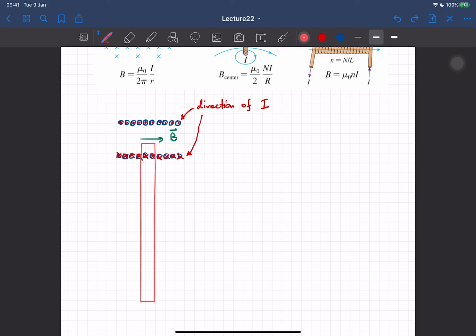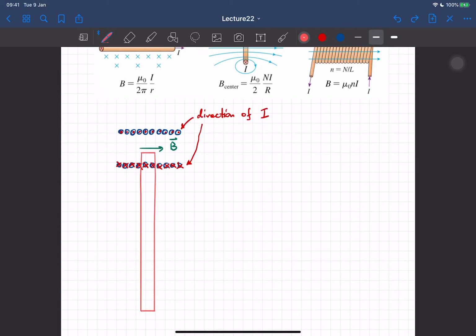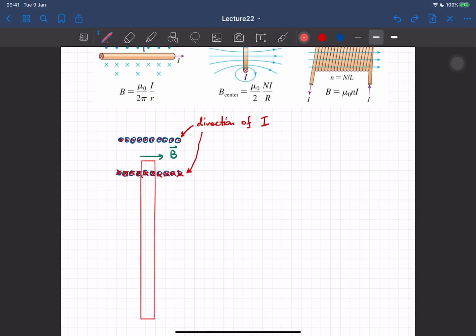Well, because we know that the magnetic field is going to the right inside the solenoid, and we also kind of know that outside the solenoid, the field is very weak. Even if the field is not zero, then most of the time, oh, actually it's gonna go this way.